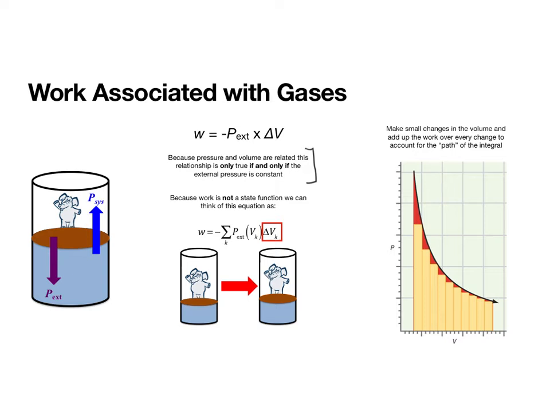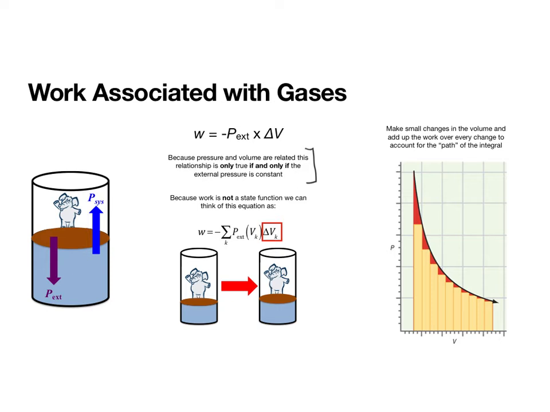This is because work is not a state function. It's an inexact differential. And so really, we can think of work, because the path is important, as the sum of taking some infinitely small steps to go from our initial point to our final point.